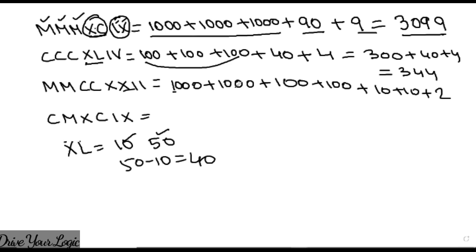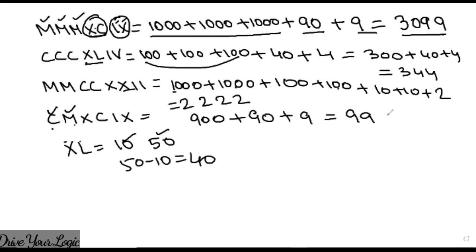So this is 2222. Done? Then the next one, CM. That means smaller first, then larger. This is 1000 minus 100, 900. XC, that is 90. IX, that is 9. So your answer is 999.